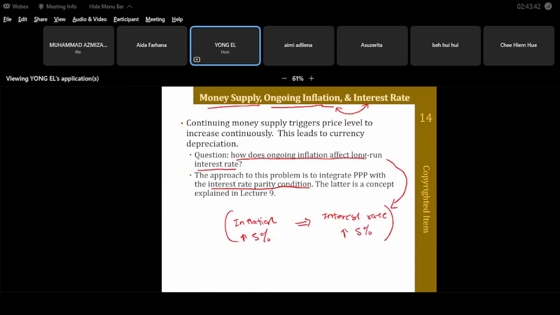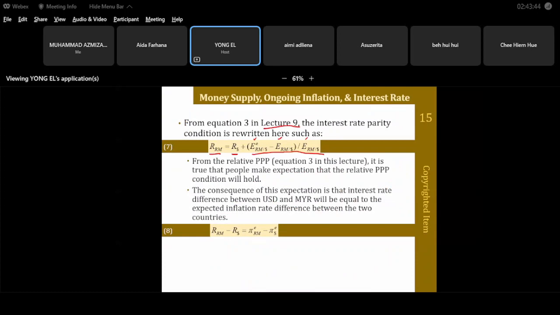We apply this concept here with this equation, okay? Especially this side. That means this side is equal to the difference in inflation rate between US and Malaysia. Okay, because we are using expectation, so this inflation rate is also the expected inflation rate.